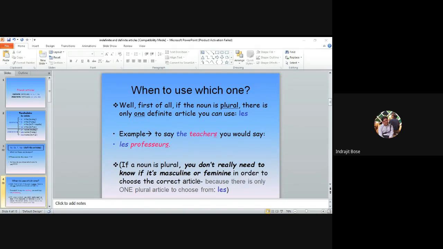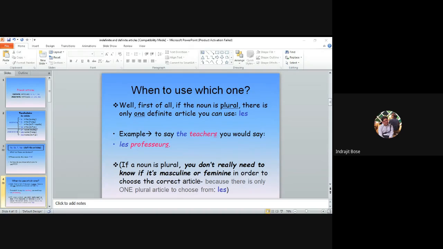Now, what about the plural? If we have garçon, for example, then that is masculine plural, so I will have to say les garçons. Please note that the C has a cedilla over there. So, les garçons. This is masculine plural.